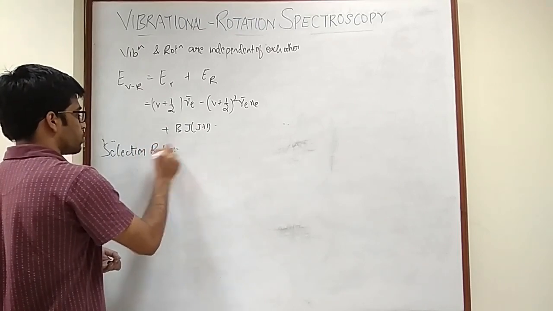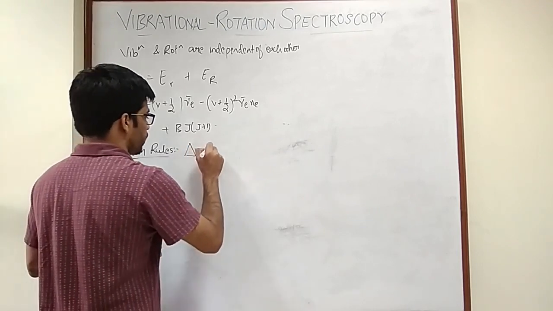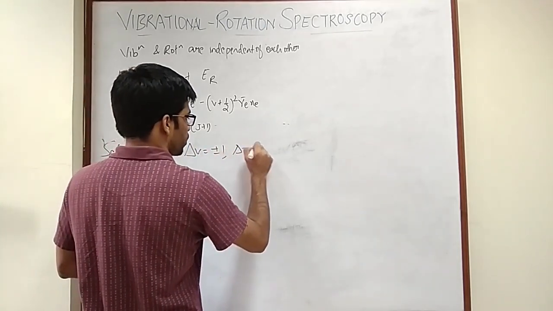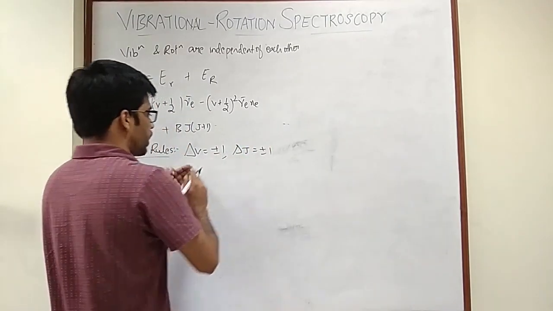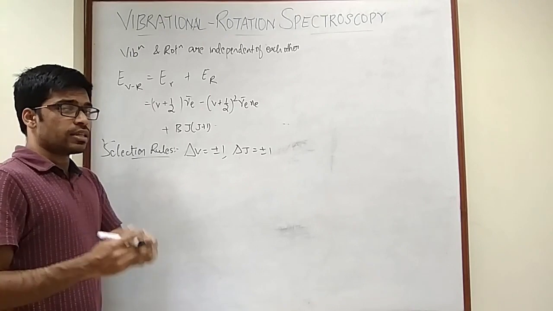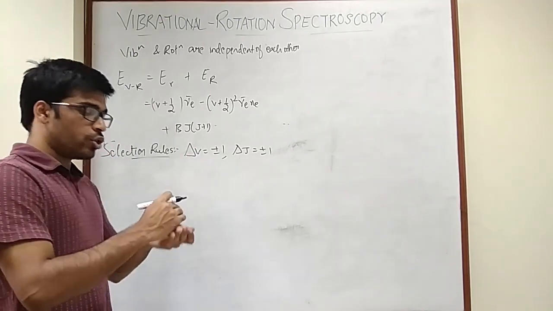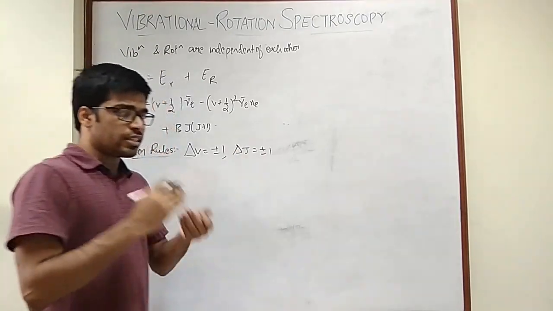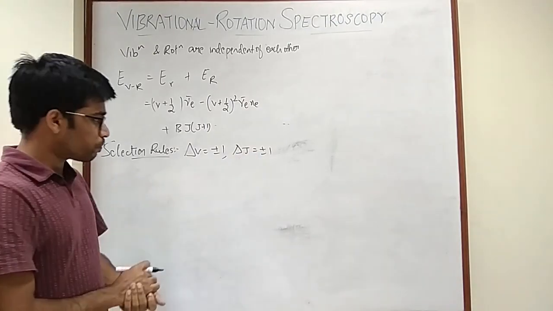Now on solving the transition probability, the selection rule that you get is delta v equals plus minus 1 and delta J is also equal to plus minus 1. That means delta v behaves like a simple harmonic oscillator wherein there is only allowed transition to one higher energy level and one lower energy level, whereas delta J is same as it was in rotational energy levels, restricted to only plus minus 1.